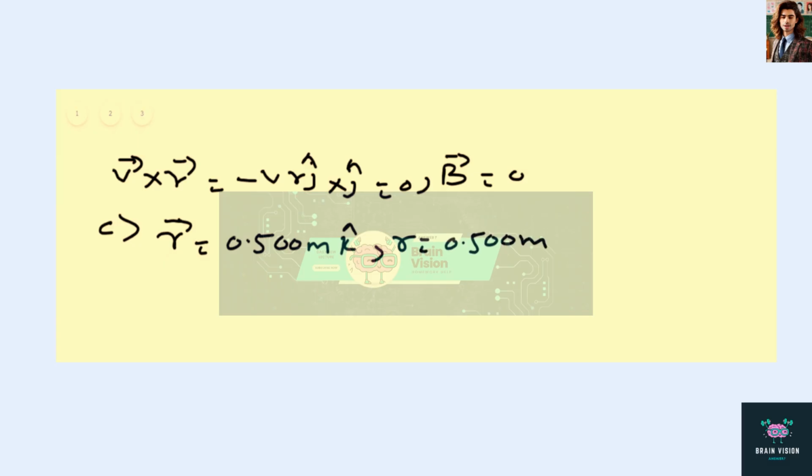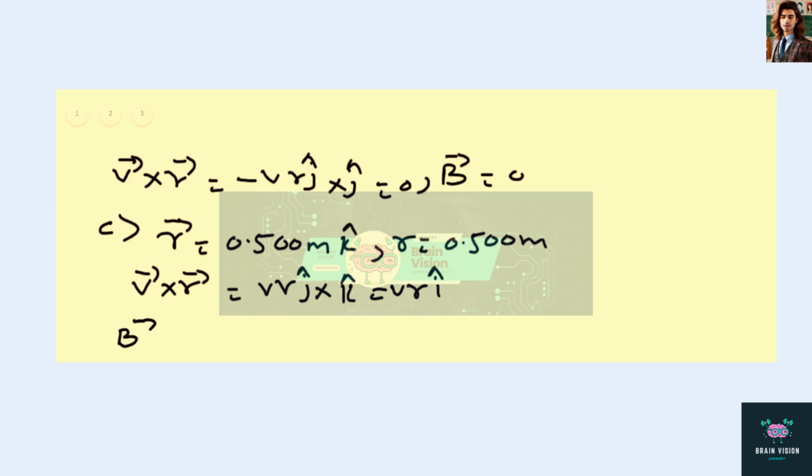Part C, for r which is 0.500 meter in the k unit vector direction, or r equal to 0.500 meter, this is the magnitude, we can write v cross r. V cross r will be v r times j cross k. So j cross k gives us i, so we can write v r i unit vector.